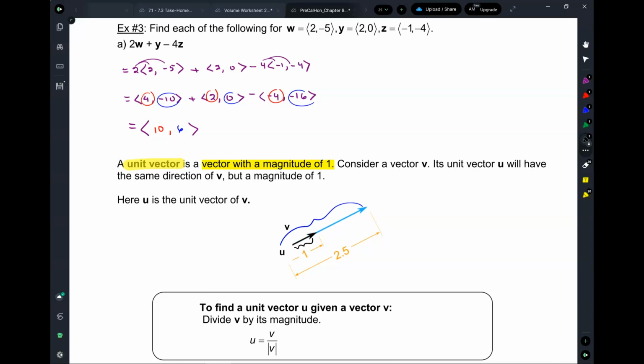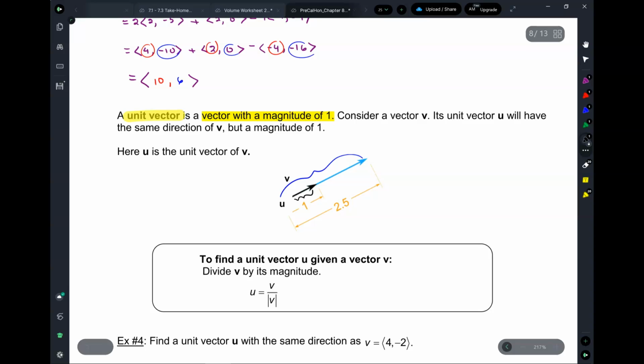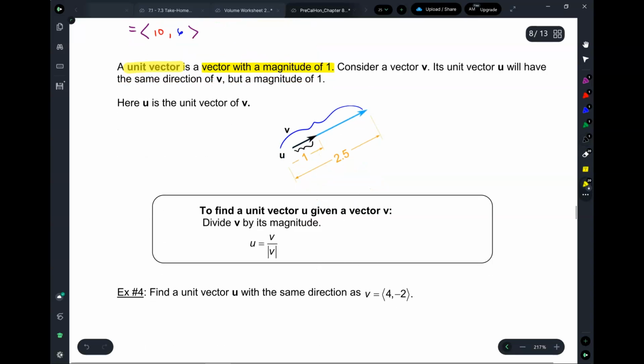So if I take vector v of 2.5 units, what should I do to it in order to make the magnitude equal to 1? You can divide by its magnitude, right? If you divide it by 2.5, you get a magnitude of 1. In fact, that is all you do to find a unit vector. You just divide v by its magnitude.